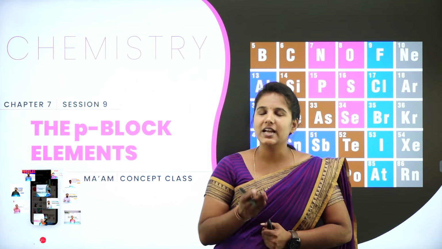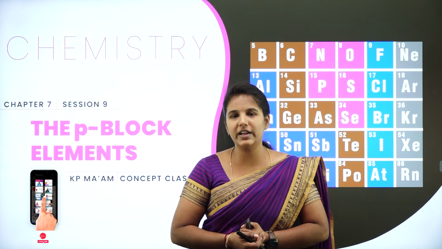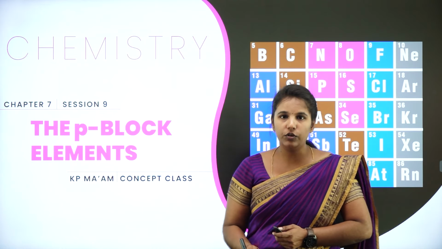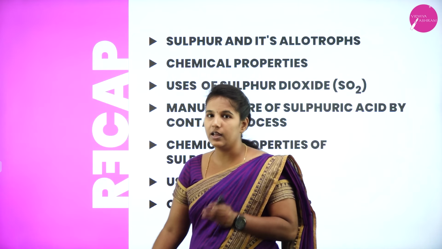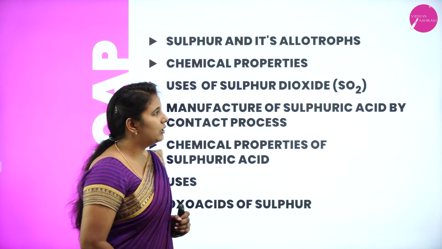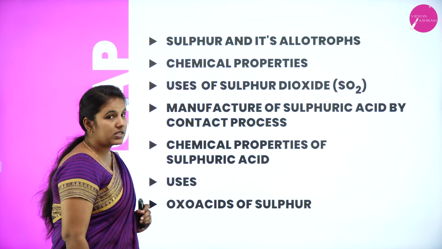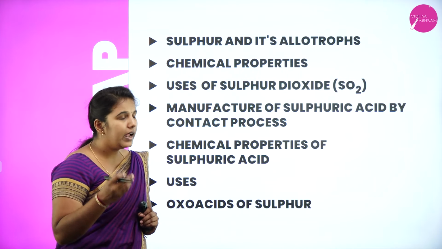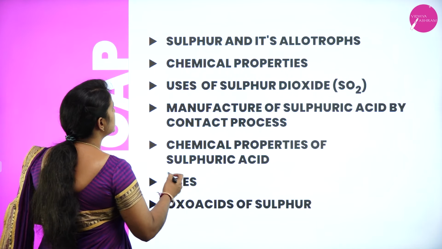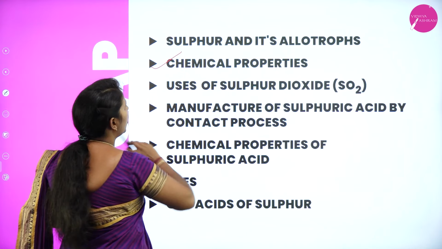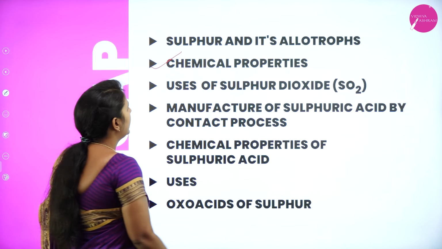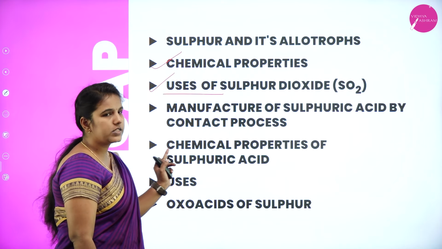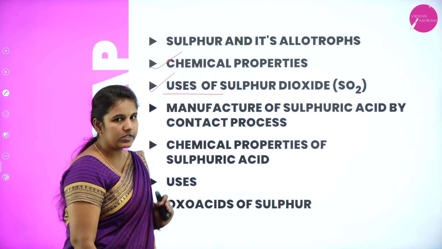My dear students, in our last discussion, we were dealing with the unit called the P block elements. Under this unit, we have discussed sulfur and its allotropes, the monoclinic and rhombic sulfur. In addition to that, we also discussed the chemical properties of sulfur, and the uses of sulfur dioxide, which is a compound of sulfur.